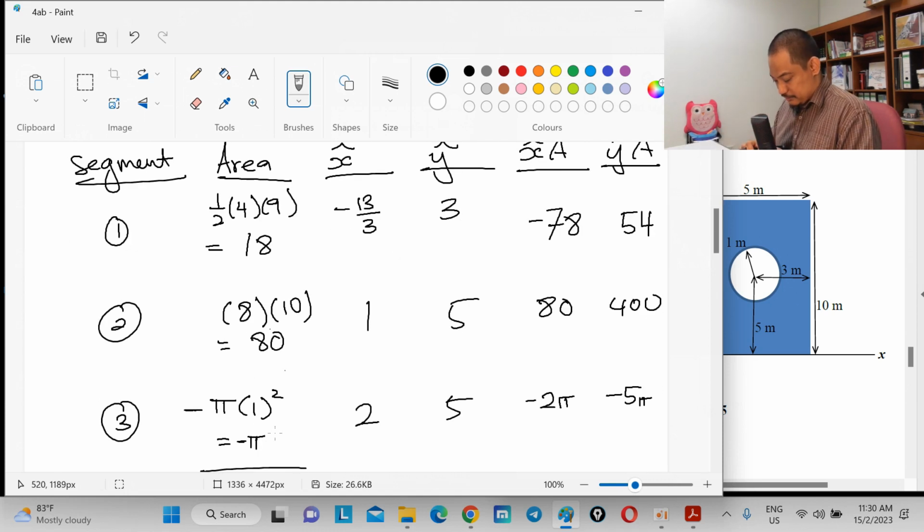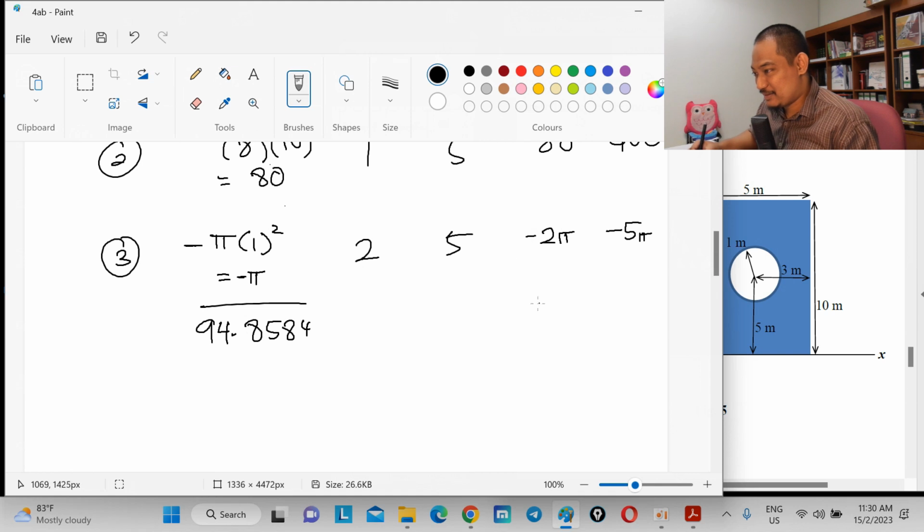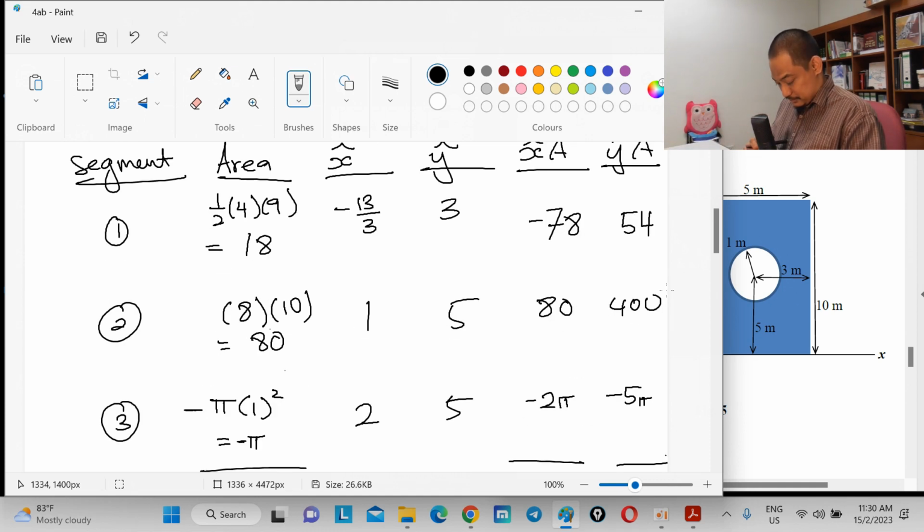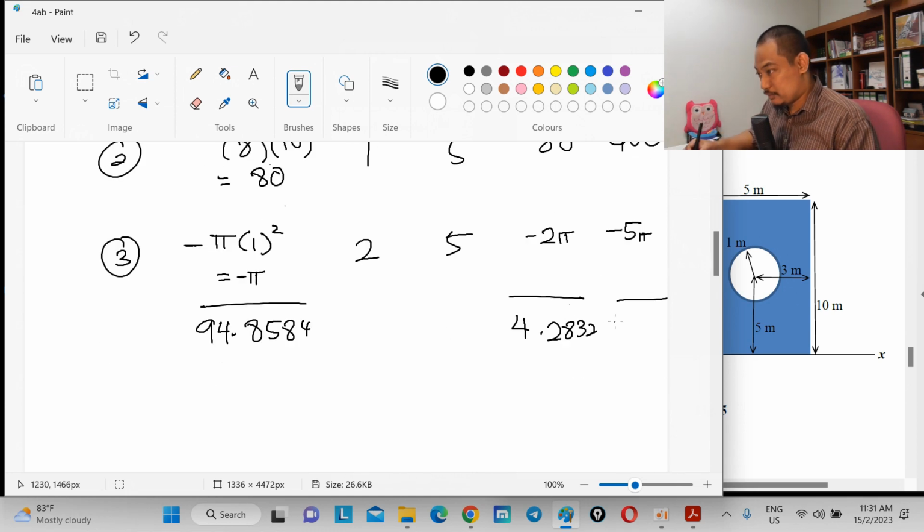X bar: A minus 78 plus 80 minus 2 times pi, 4.2832. Okay, let's finish this. 438.292.